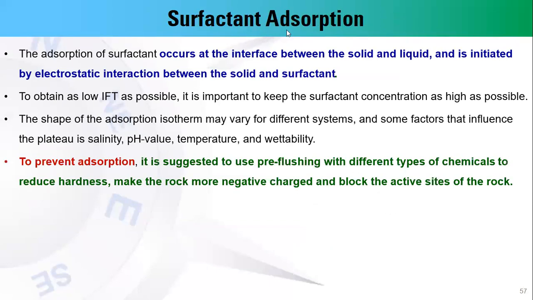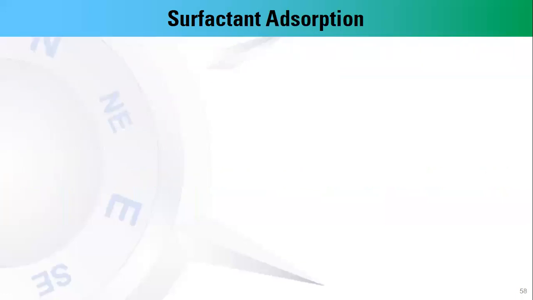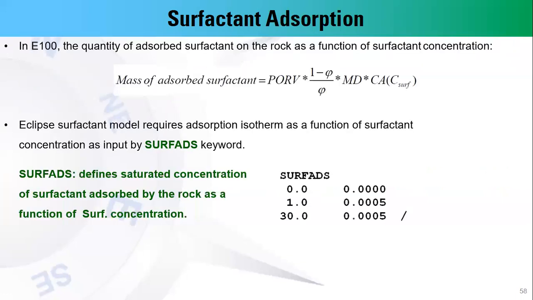Last to consider is surfactant absorption. It's the amount of surfactant lost on the surface of the rock. For surfactant flooding best practices, it's important to use a pre-flush with different chemicals to avoid a loss of surfactant on the rock surface. In the simulator, we have this keyword just to define the surfactant absorption against surfactant concentration.